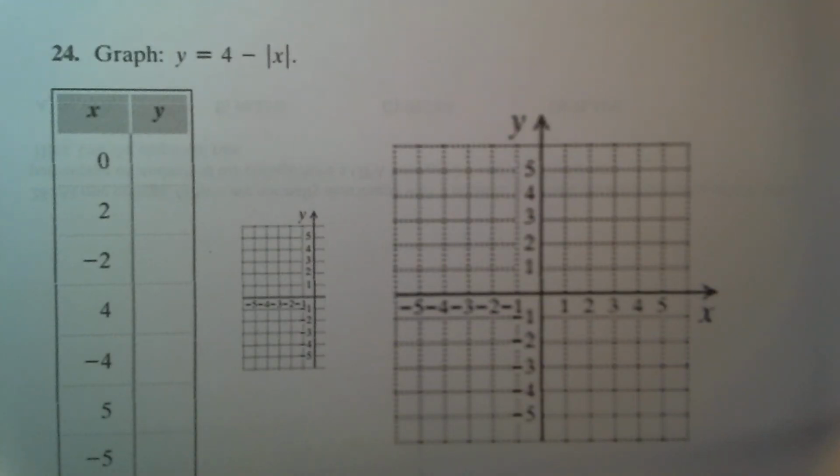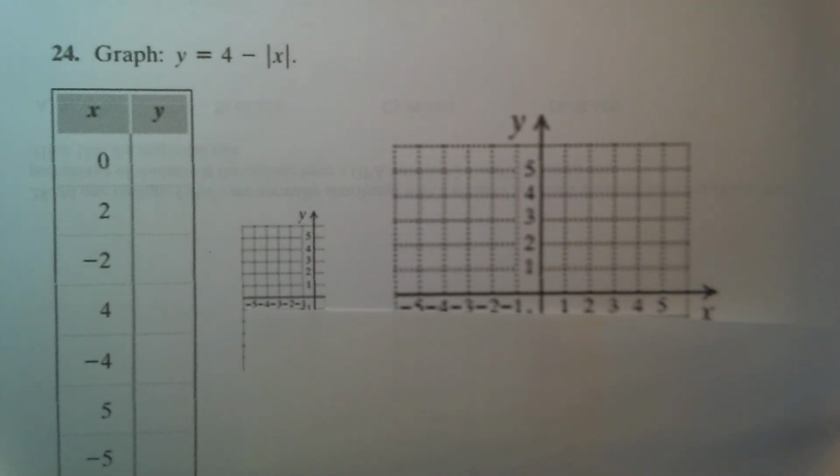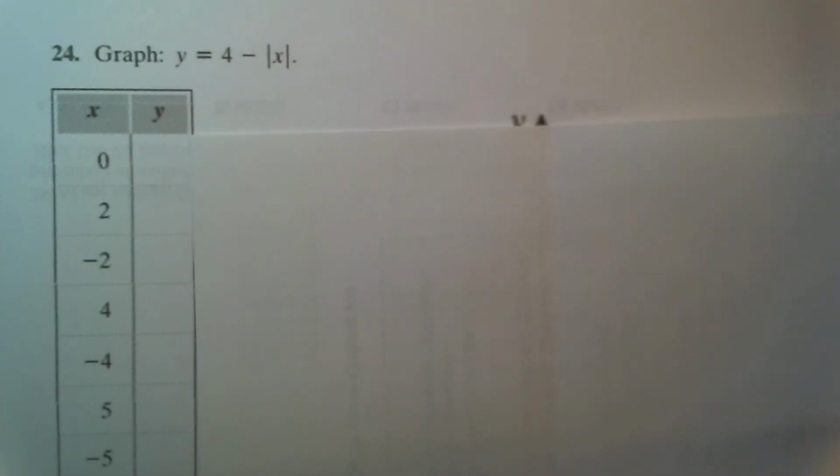Exercise 24 asks us to graph an absolute value equation, y equals 4 minus absolute value of x. So let's compute the corresponding y values.